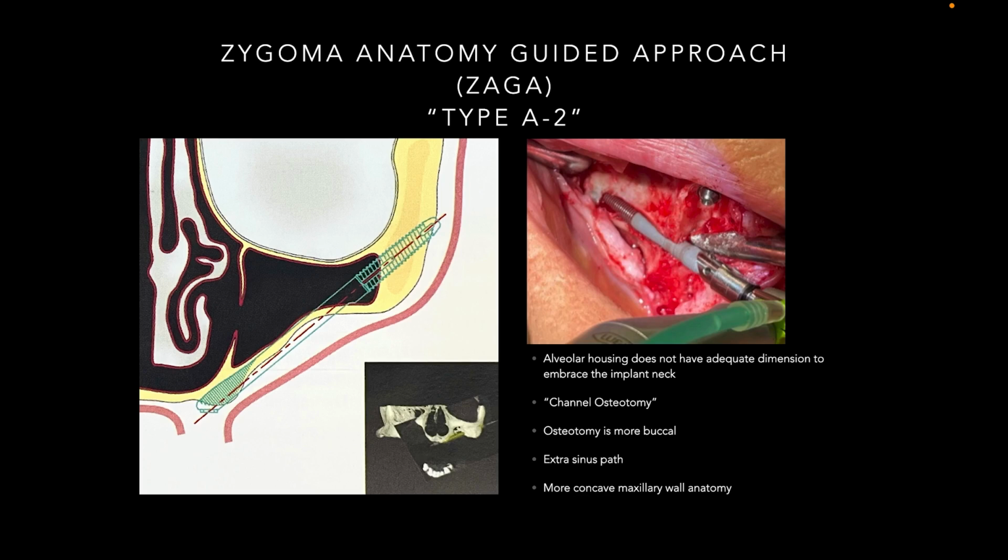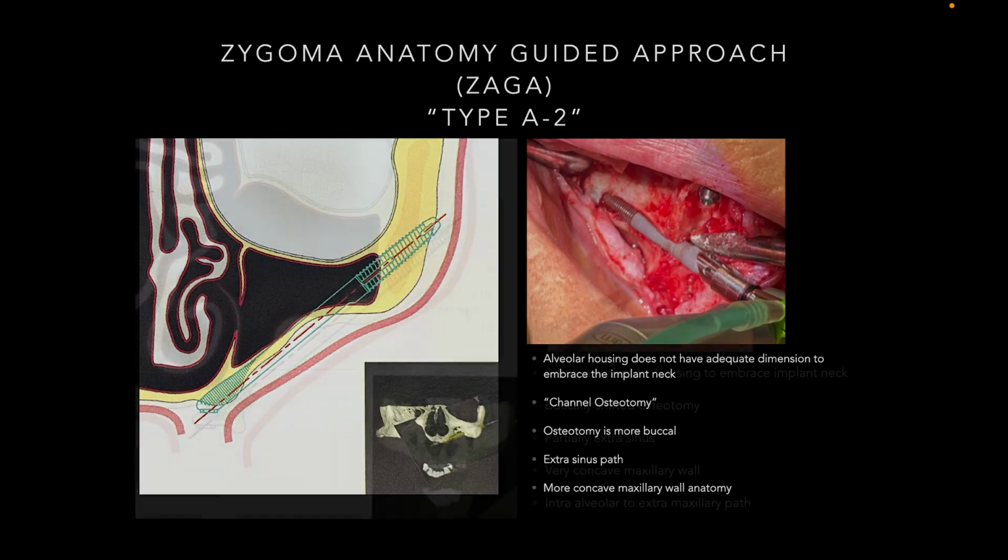So you're not going to usually have bone covering the neck of the implant. And again, it's okay. That's the way it is, and that's the way we do it. But you're engaging at the apex, of course. This becomes more of an extrasinus path, so you're going to see most of that implant in that area. And the whole osteotomy is a little bit more buccally shifted, of course.